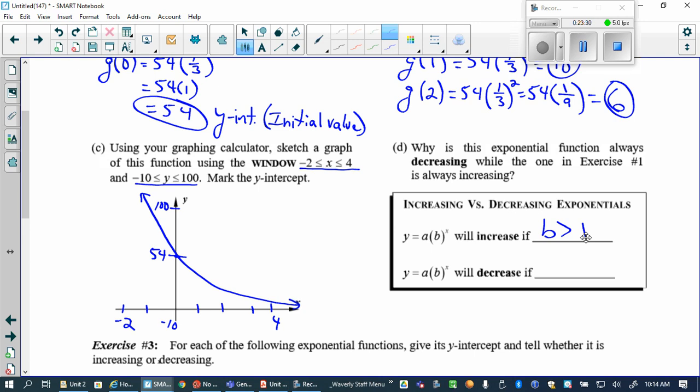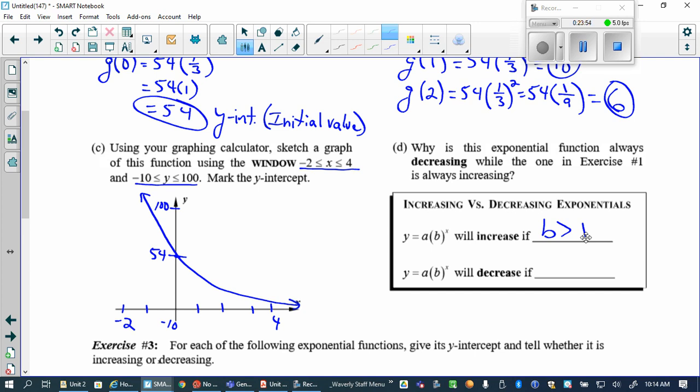How about between 0 and 1, wouldn't it? How about the 1/2 then, right? 1/3, right?